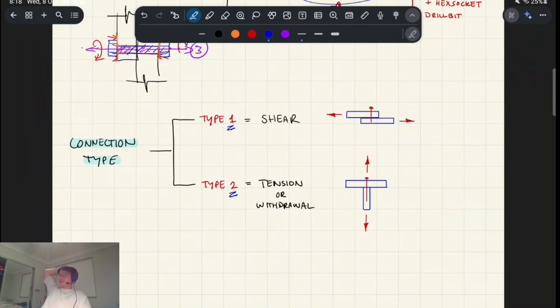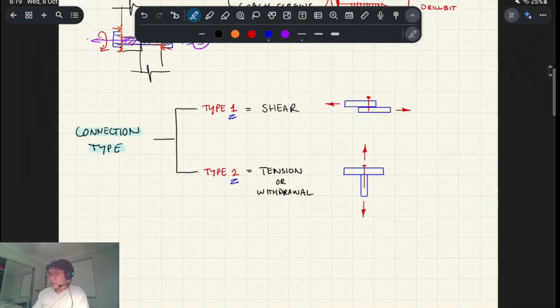It's a completely arbitrary numbering convention, but it's what they roll with for the whole of the timber standards. So whenever this course says a type 1 connection, it's talking about a shear connection, and a type 2 connection is a tension connection.